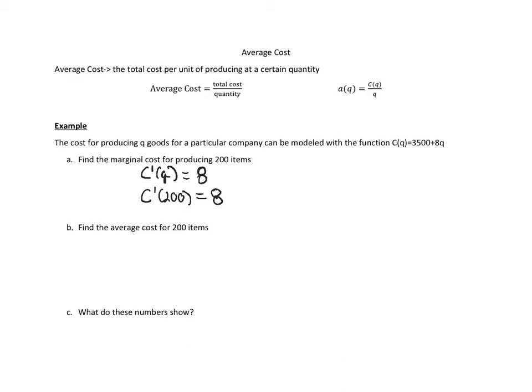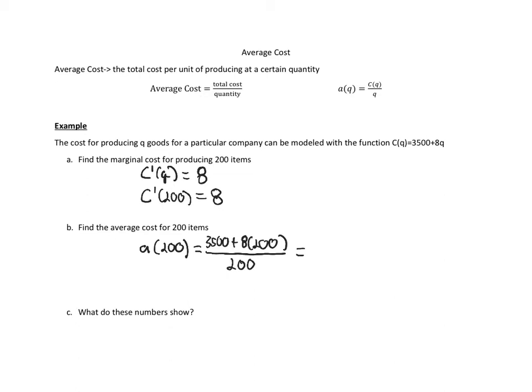The average cost, which we would write A of 200, would equal the cost of 200 items, so 3,500 plus 8 times 200, over the number of items produced, which is 200.